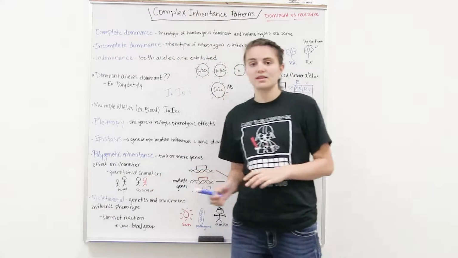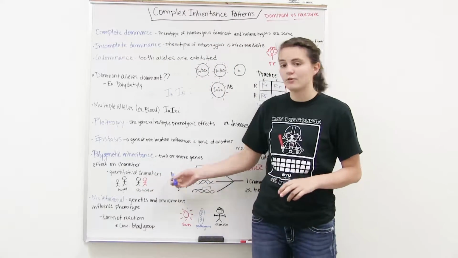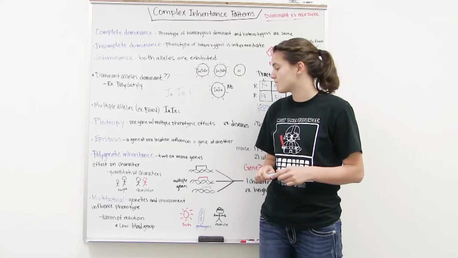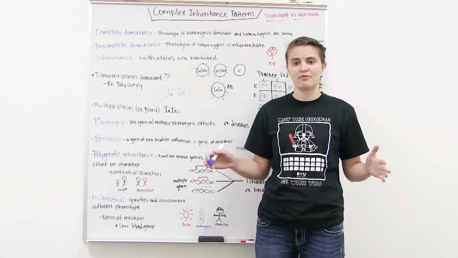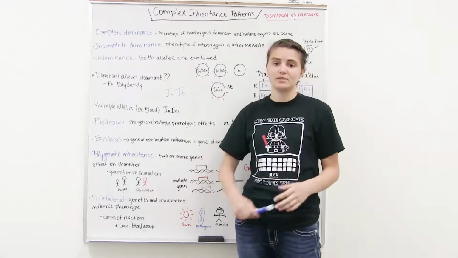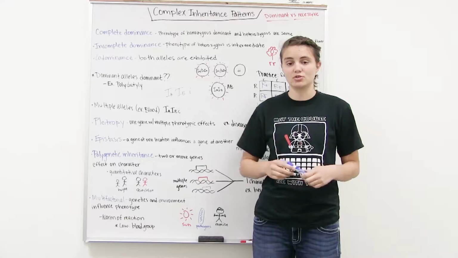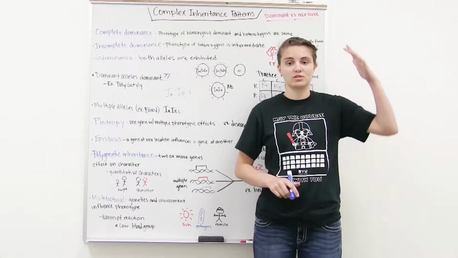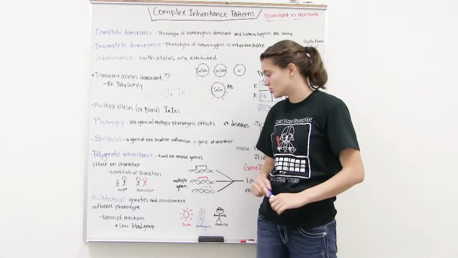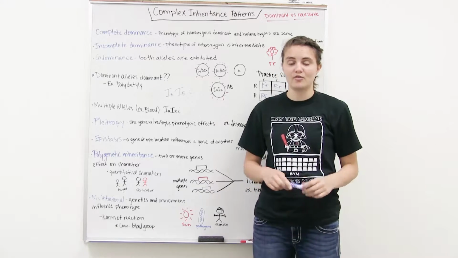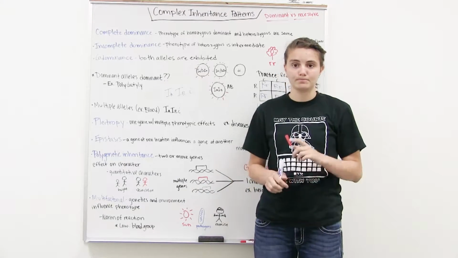And we see this a lot with things like quantitative characters. Those are just characters that aren't on an either-or basis, they kind of have a range. So an example of that is height. We don't just have two heights that are determined by two alleles. There's a range of short to tall, and it's a pretty big range. And the same with skin color. It's not just two skin colors that you can have, and everybody has either-or.